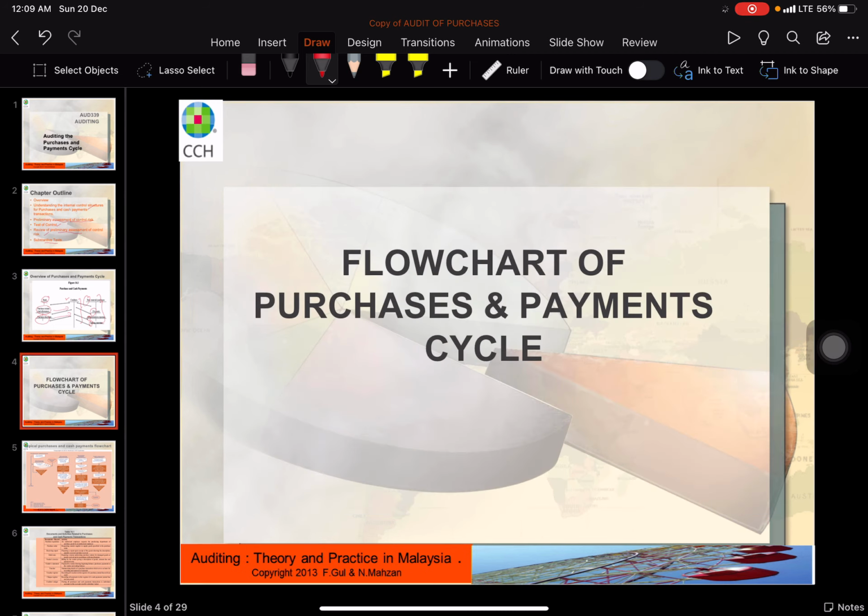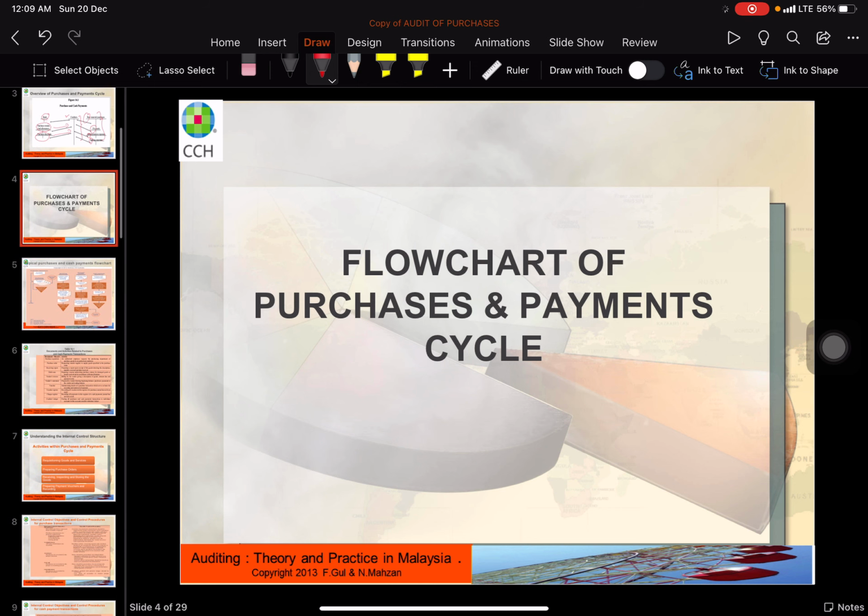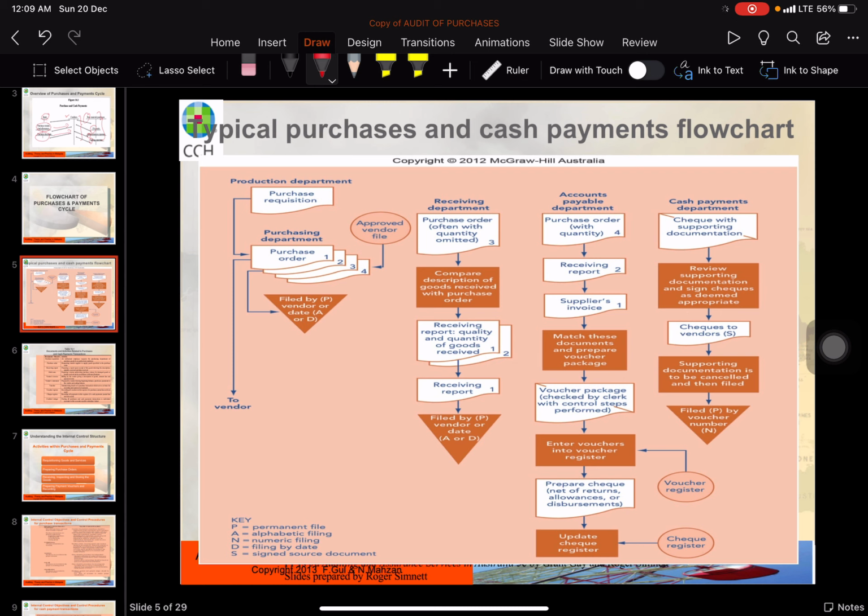Next, we would like to see the flow chart of the purchases and payment cycle. From the flow chart, we can see the purchase requisition, which means we request for the purchase, usually coming from the store department and so on. This purchase requisition should be sent to the purchasing department.